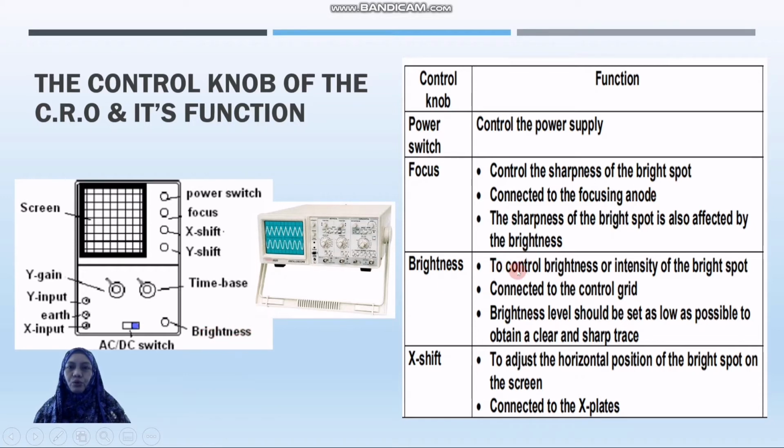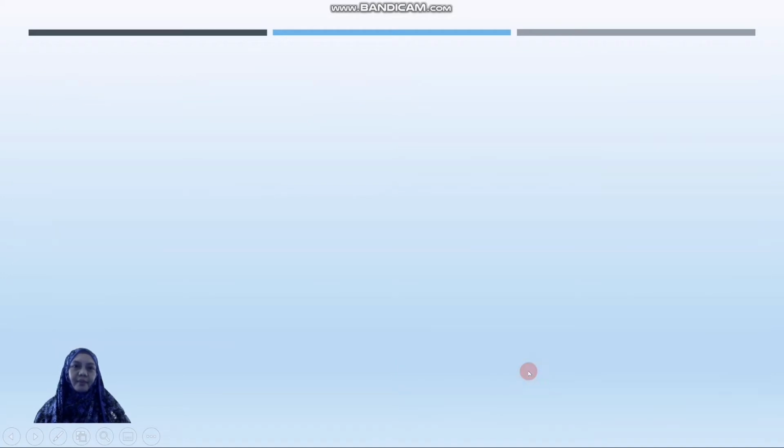It is to control the brightness or the intensity of the bright spot appearing on the screen, and it is connected to the control grid. And comes the X shift. Okay, the X shift is here. It is used to adjust the horizontal position of the bright spot on the screen and is connected to the X plate.